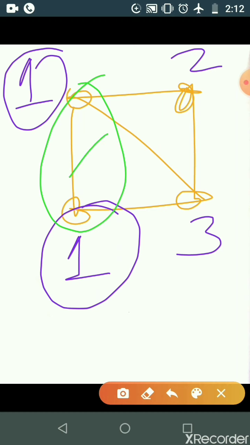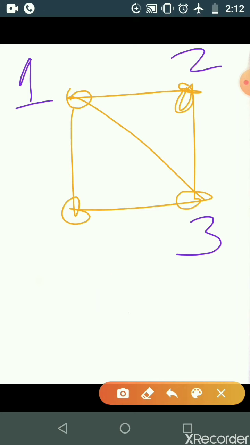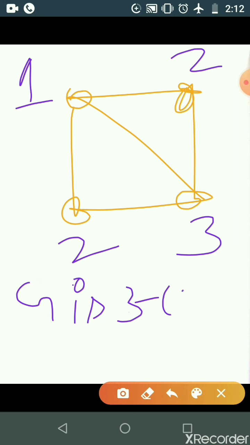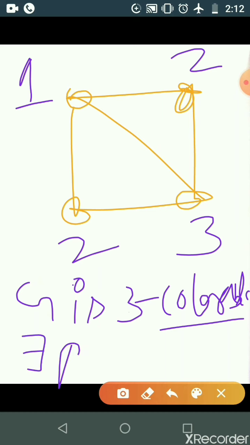So this cannot happen in the case of proper coloring. And if a graph G has a proper coloring, then we say this graph is K colorable. For example, this graph G is 3 colorable because it has a proper 3 coloring. This graph is 3 colorable, I repeat, 3 colorable, because there exists a proper 3 coloring.